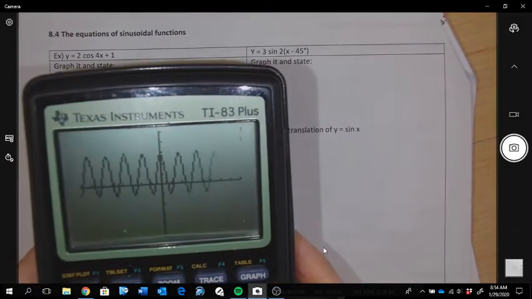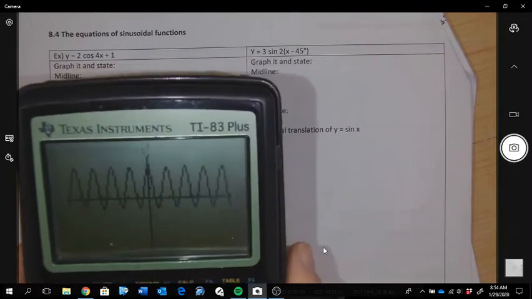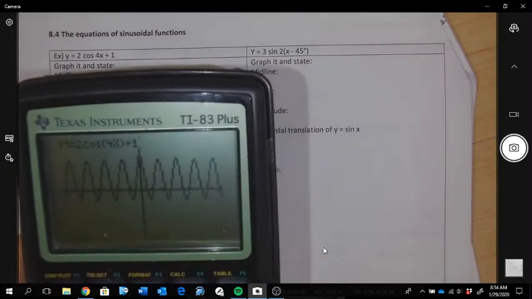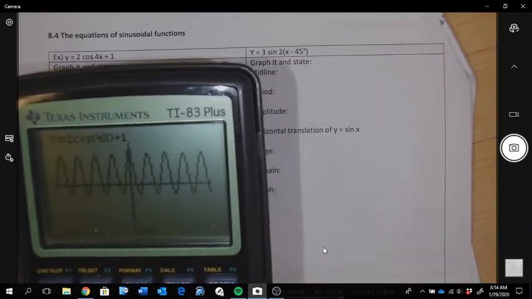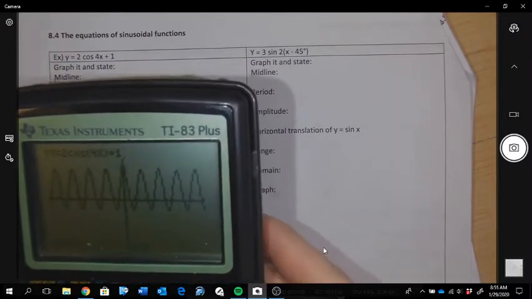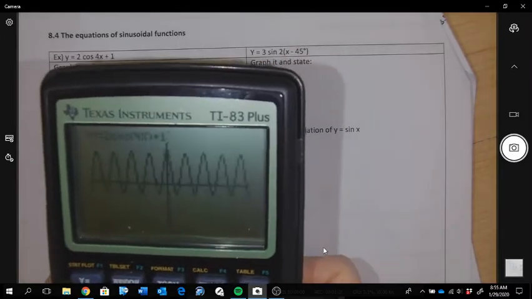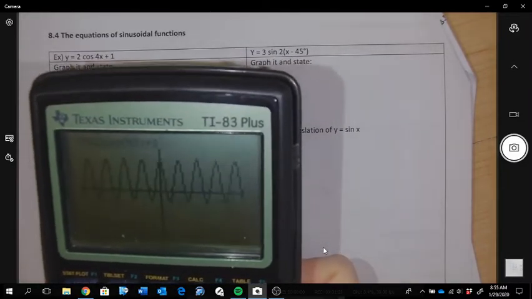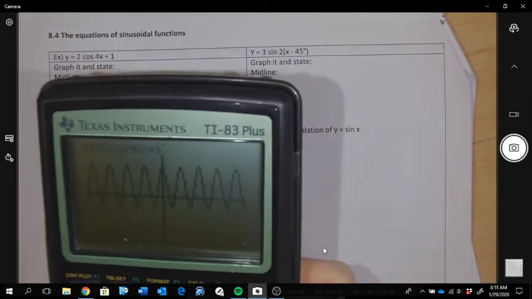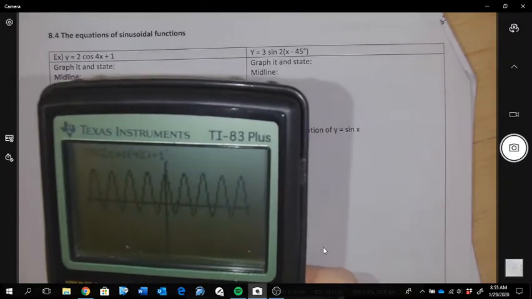And you can see the graph. I'm going to activate this, so that's the point 0, 3. And then for the lowest, we're going to calculate a minimum. Move my cursor to the left, to the right.